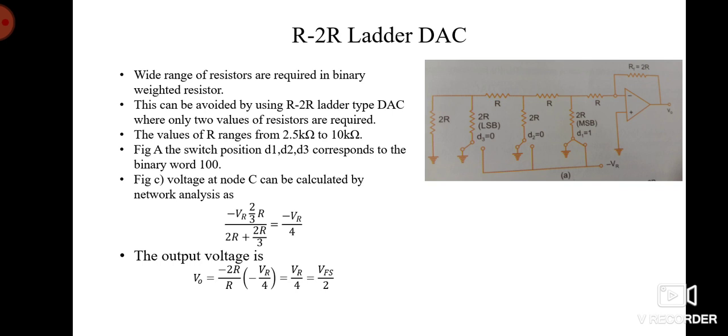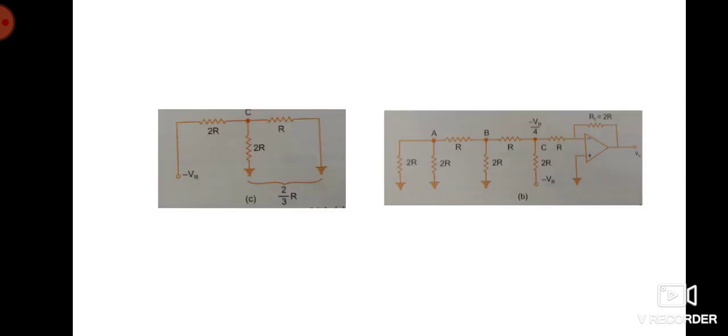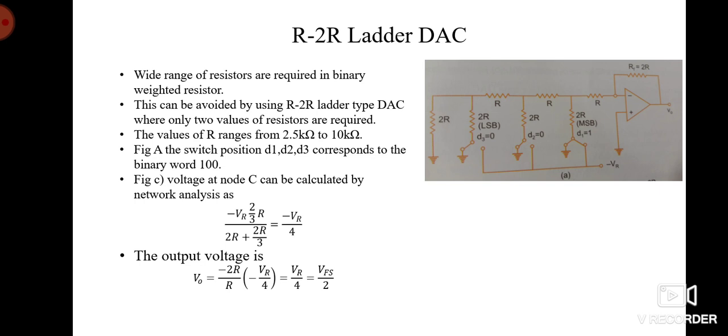Applying the nodal voltage at node C, we can write the equation as minus VR into (2/3)R divided by (2R plus 2R/3). After simplification, we get minus VR by 4.